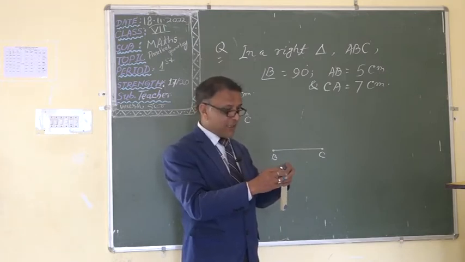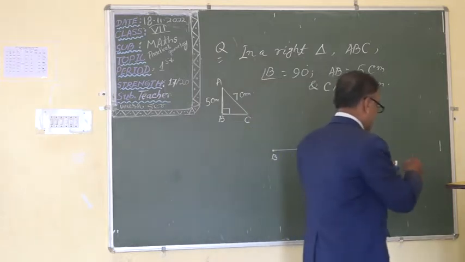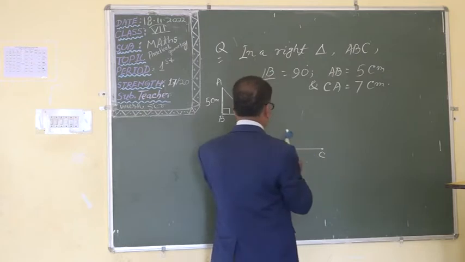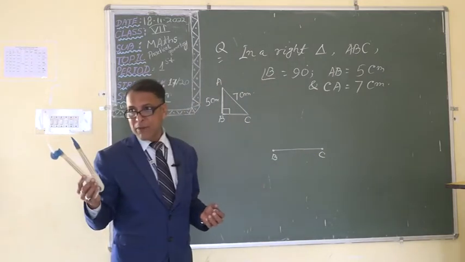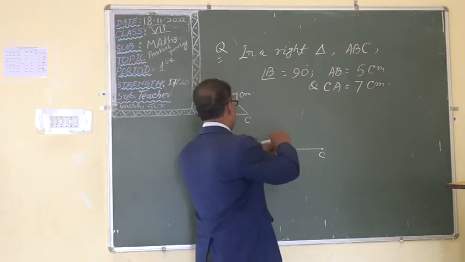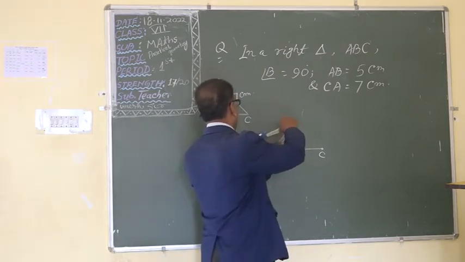Then at point B, what angle will we construct? 90 degrees, because it is given. So at point B, we will construct using your round compass. You take any suitable length and draw one arc.